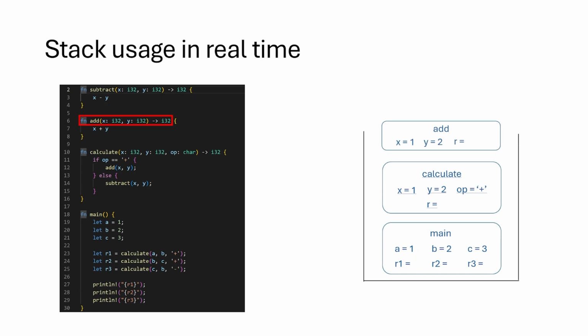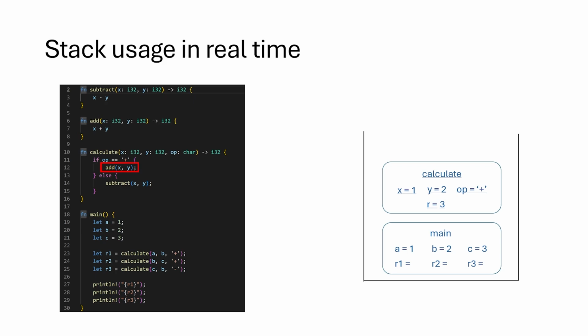And we still don't know what R is yet because we haven't executed the expression on line 7. So then we do that. We execute the expression on line 7. That gives us a result of 3. And then we continue on to the end of the function, right? Now, once we hit the end of the function, and basically we no longer need anything remaining in this function call, this function call will now be popped off the stack, like so.